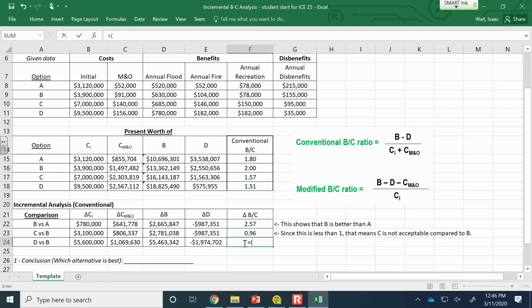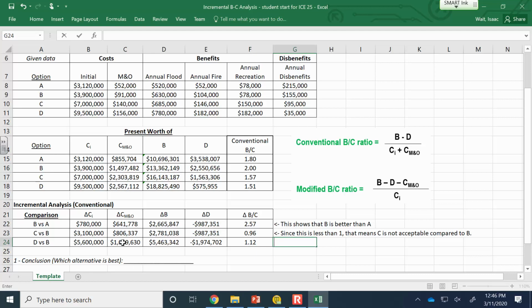I guess I could probably drag that formula down, but just for nice practice, benefits minus disbenefits divided by initial cost and maintenance and operation cost. Everything's been taken to the present. 1.12.